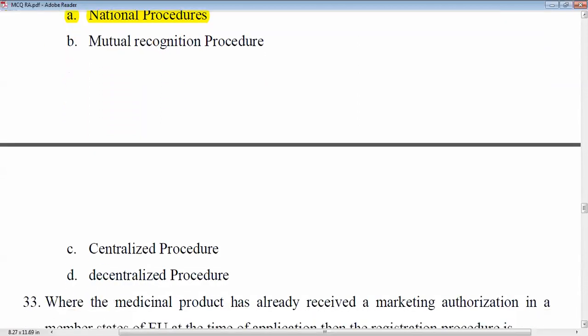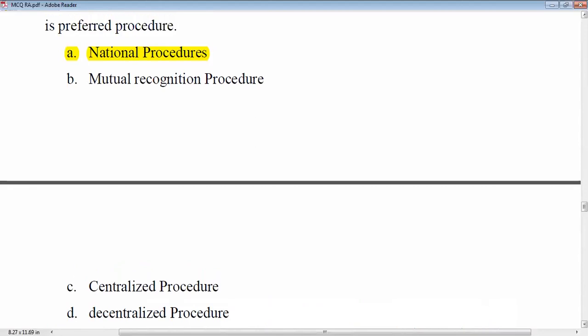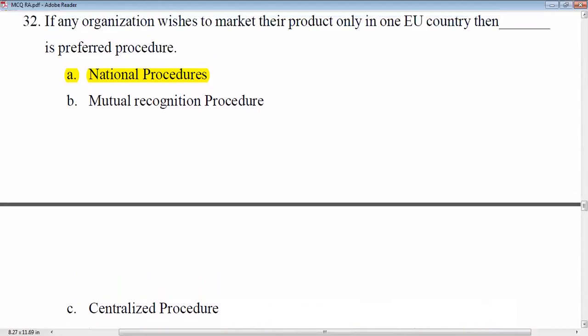Option C is centralized procedure. And option D is decentralized procedure. So the correct answer is national procedures. If any organization wishes to market their product only in one European country, then national procedure is the preferred procedure.